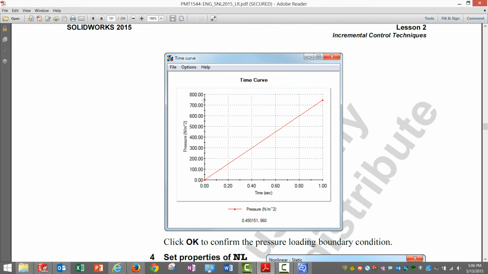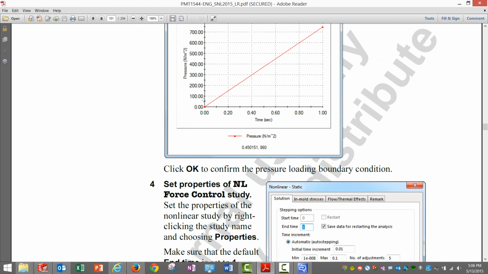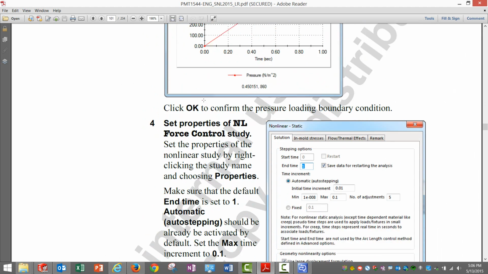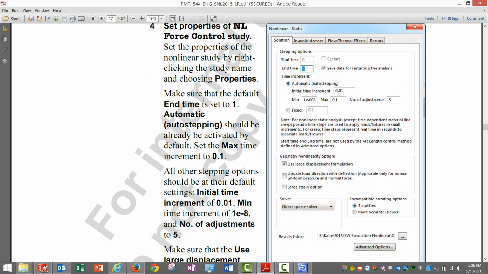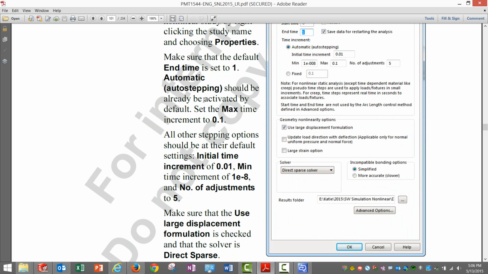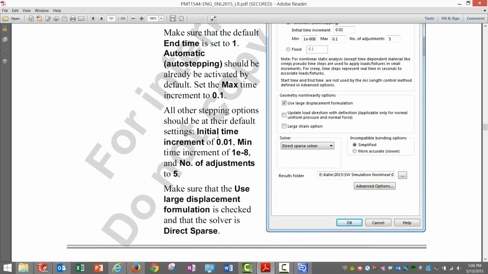The force is linear from time instant 0 to 1, and that's what is maintained. Set properties of non-linear force control study 1 to 0.8, that is fine. Set the max time to 0.1. That is all. That is the default one rather.